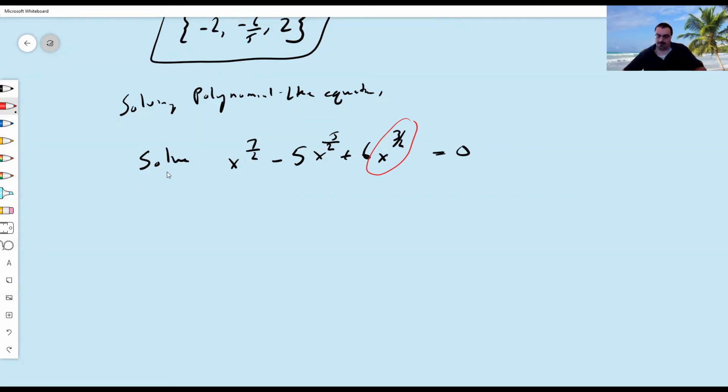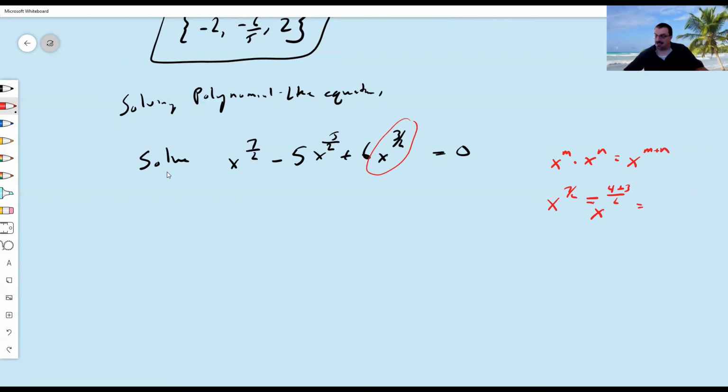Now you remember how this works, right? When you multiply powers, you are adding the exponents, right? So let's look at this. If I have x to the 7 halves, can I rewrite the 7 as addition? Can I say this is 4 plus 3 over 2? x to the 4 plus 3 over 2?